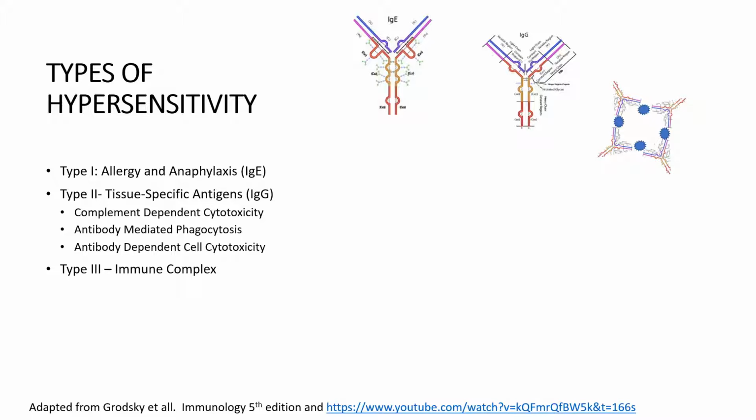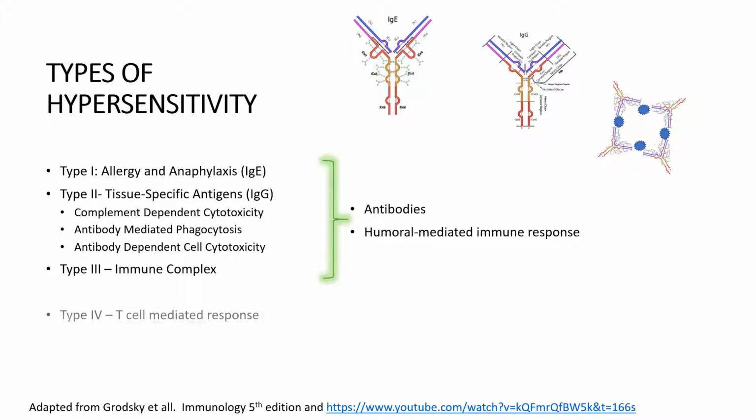So it's an idiosyncratic response. We don't know what the patient is going to develop in response to an allergen or to a drug that's immunogenic. But what these 3 types of hypersensitivity have in common is the presence of antibodies, and it's what we call humoral-mediated immune response driven by the B cells.